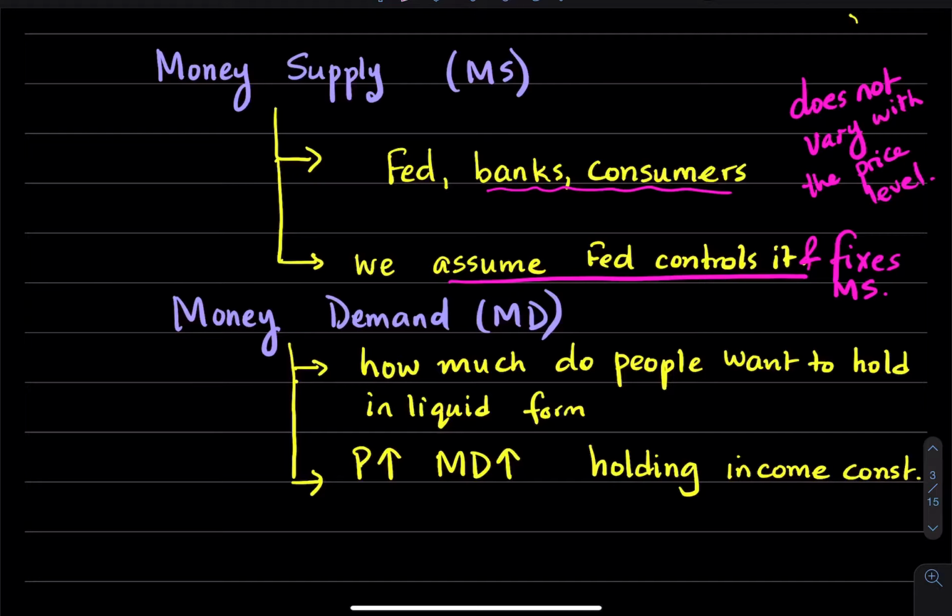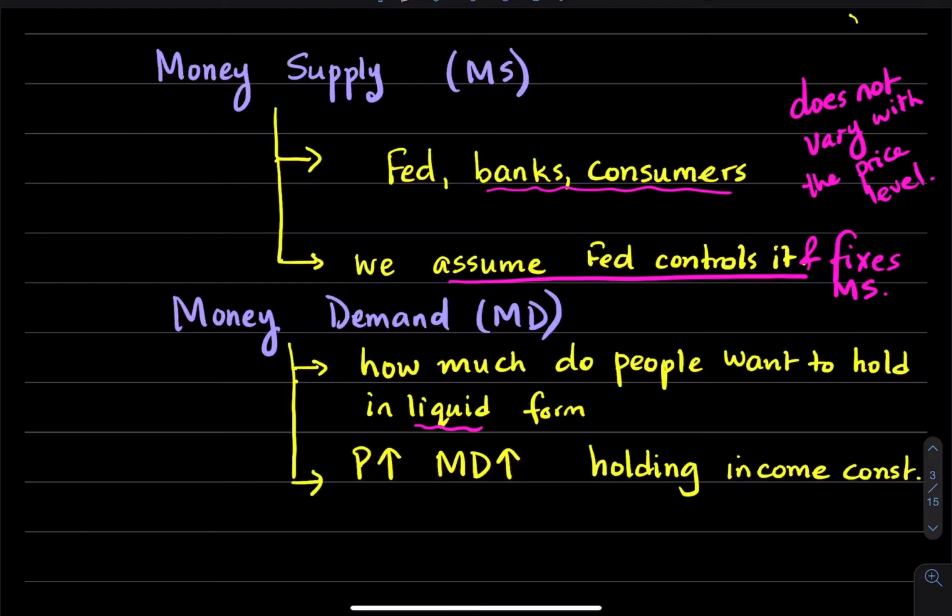And then money demand is basically referring to how much wealth or how much money people want to hold in liquid form. Liquid form would be something like cash or demand deposits, or deposits in your checking account, etc. So liquid form is something that you have access to quickly.